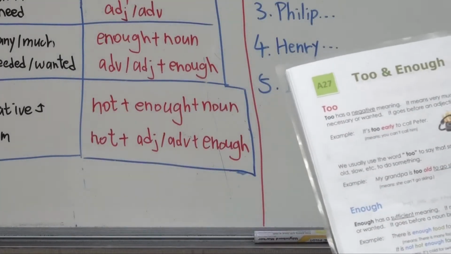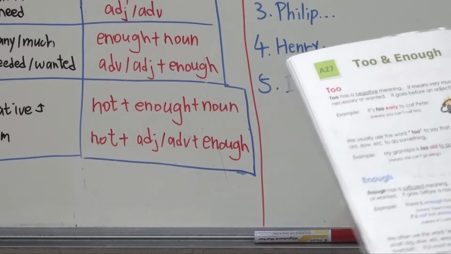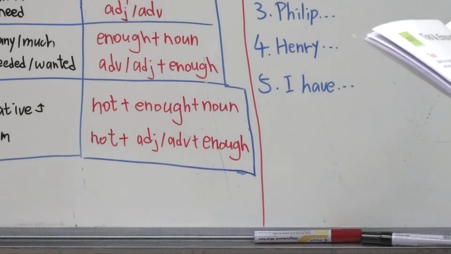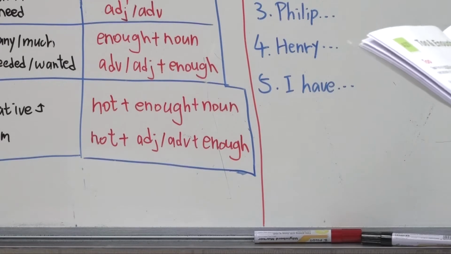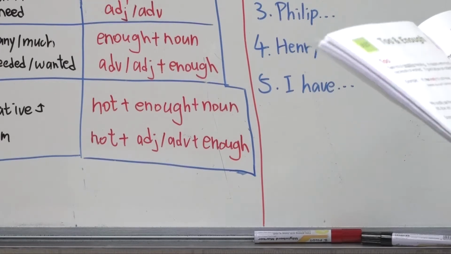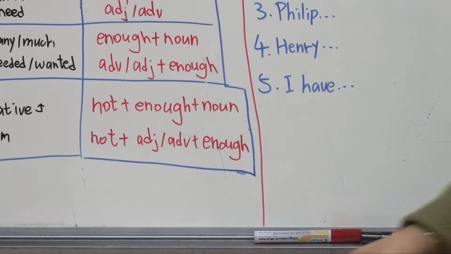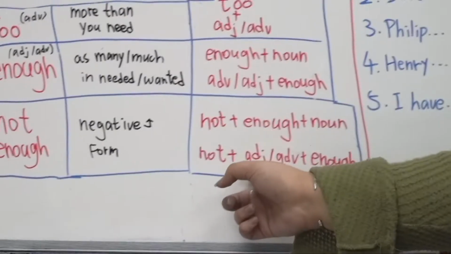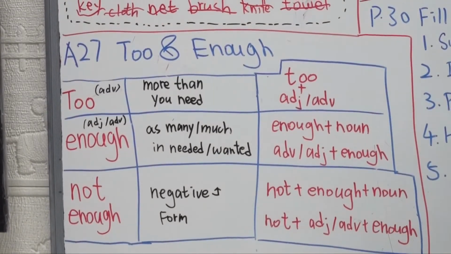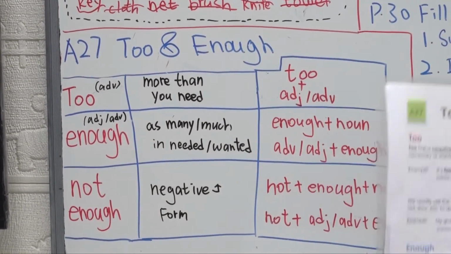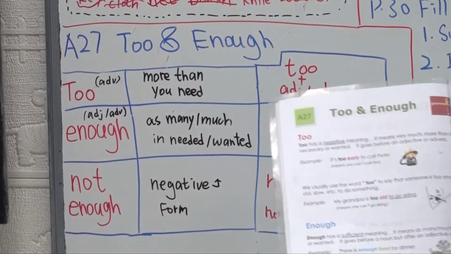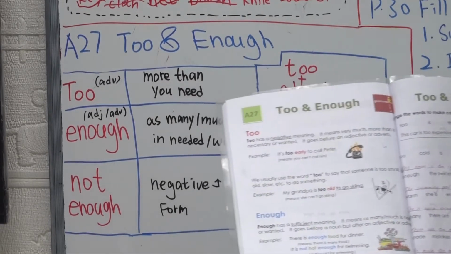And then the next one, the negative form, right? It is not hot enough for swimming. Here it is used as an adverb. It is not hot is the adjective, and enough.